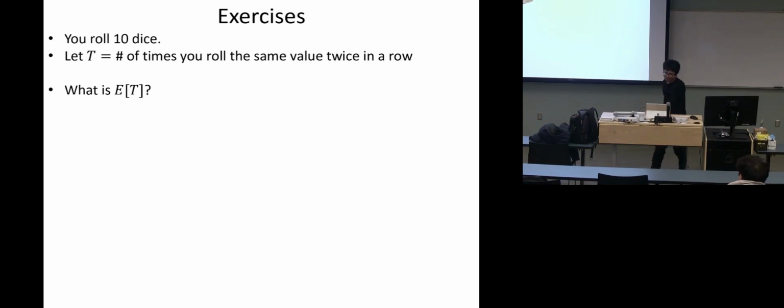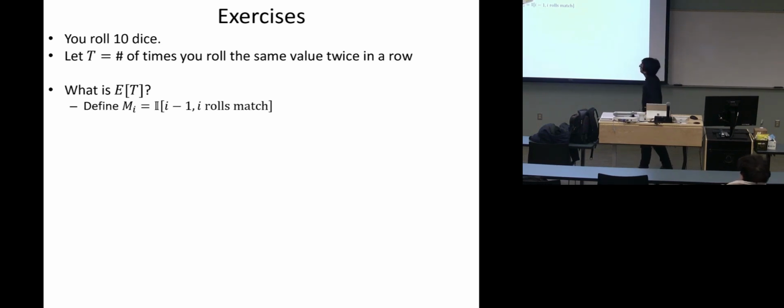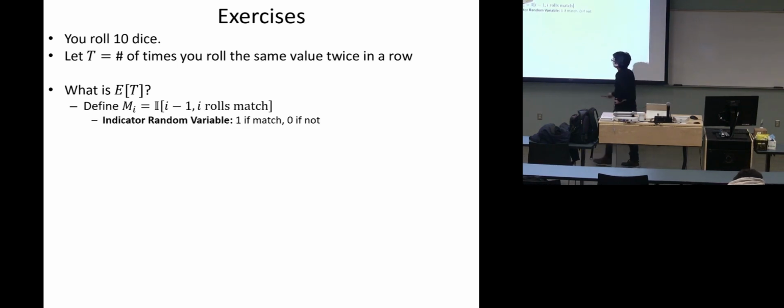Let me just go through it quickly. One way to do this is to create some indicator random variable, Mi. This is an indicator random variable, which says that if the event here is true, then the random variable is 1, otherwise it's 0.